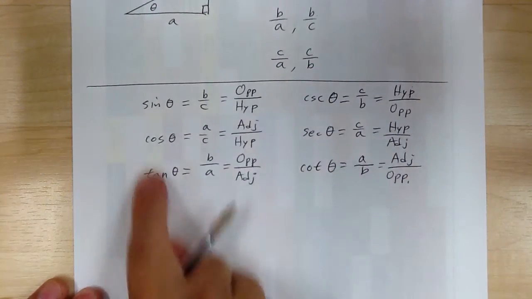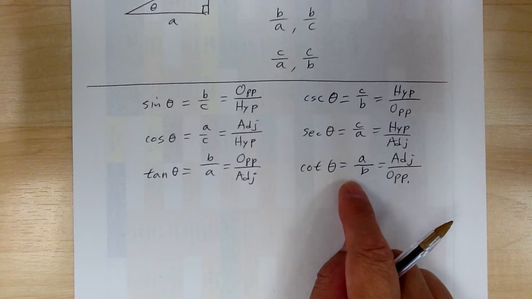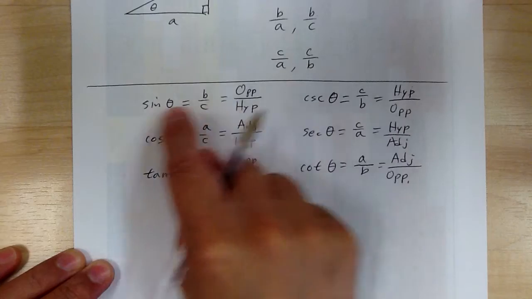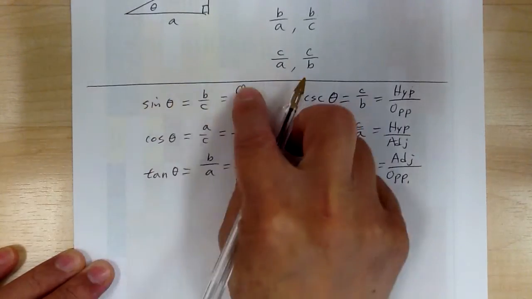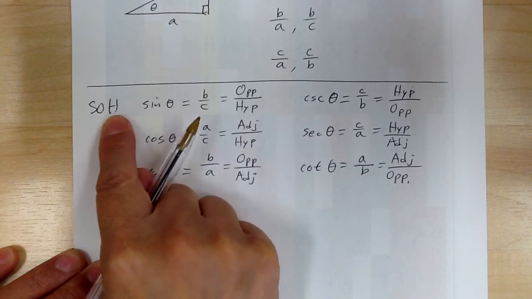You need to memorize these 6 ratios. You can use whatever method. You can put them on an index card and use a note card to memorize them. Or you can come up with a way to memorize them, like an acronym. So SOH: sine is opposite over hypotenuse.